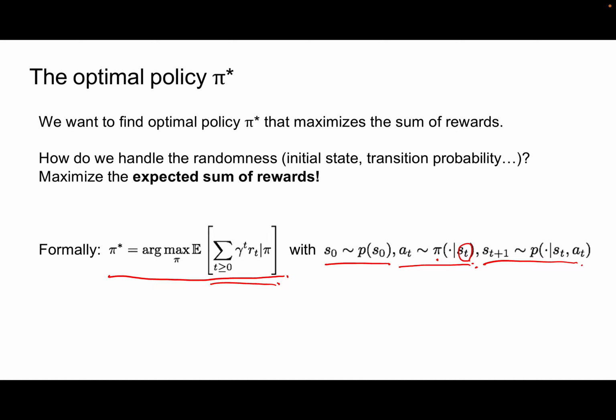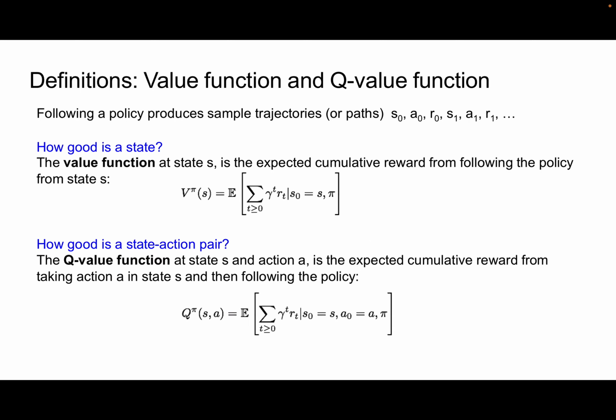The goal is finding the optimal policy network pi star, which is mathematically formulated like this: argmax pi, expected sum of discounted reward. And then following a policy produces sample trajectories or paths.